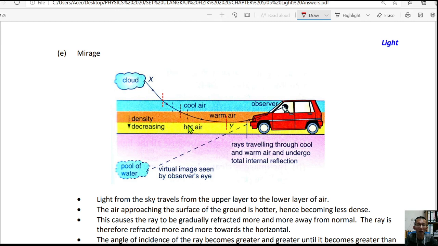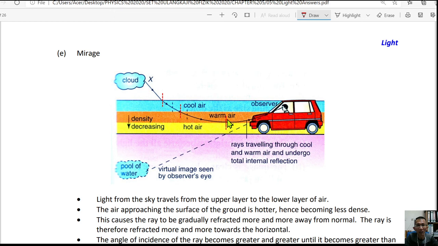So remember what we said just now. If light enters a less dense medium, from a more dense to a less dense medium, the light will be refracted away from normal. If you look at my line here, for example, it's supposed to go straight like this, but it will be refracted away from normal until this point here.